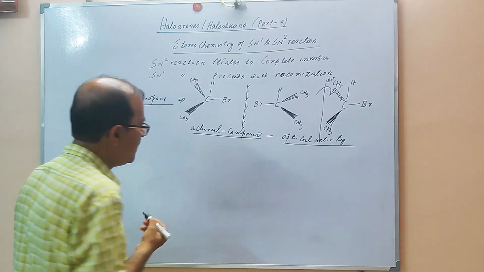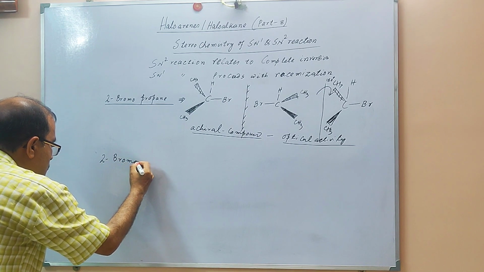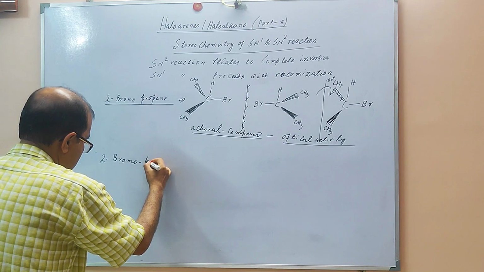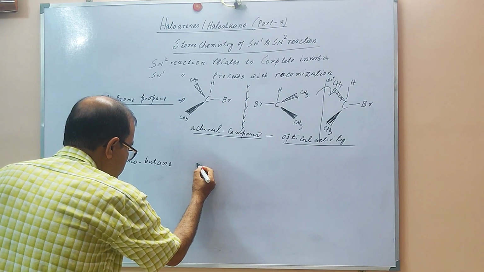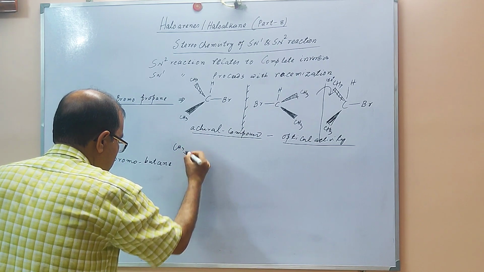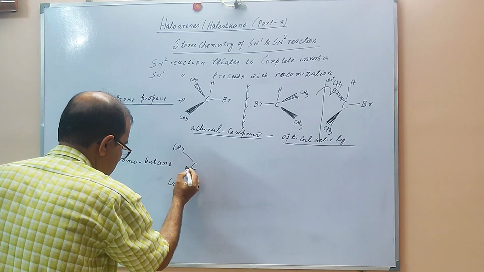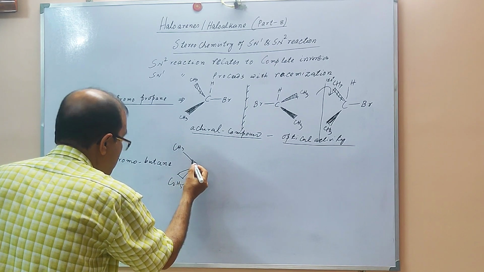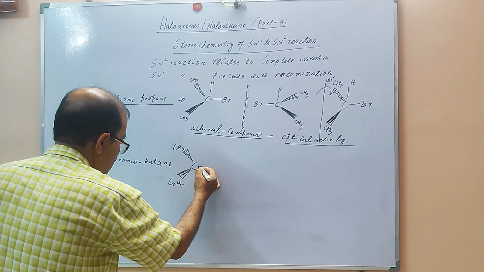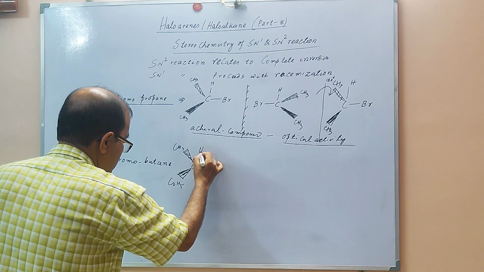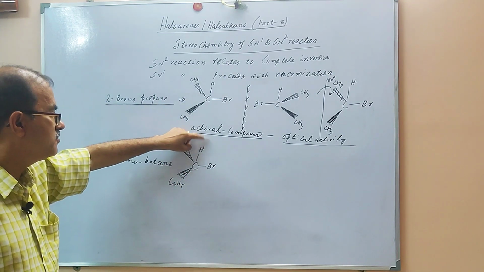These do not show optical activity. But this compound, 2-bromobutane, that you can see here: the carbon atom is joined to C2H5, CH3, hydrogen and bromine.